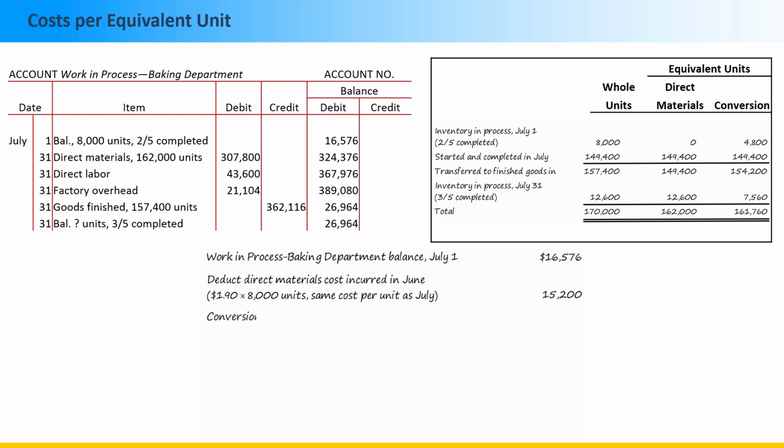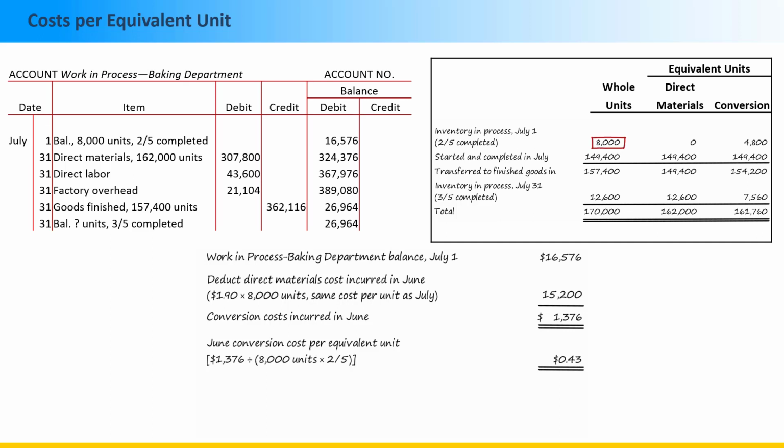Thus, the conversion cost incurred in June is $1,376. The conversion cost per equivalent unit for June is 43 cents, calculated by dividing the conversion cost of $1,376 by the 2/5 completed portion of the beginning inventory of 8,000 units.